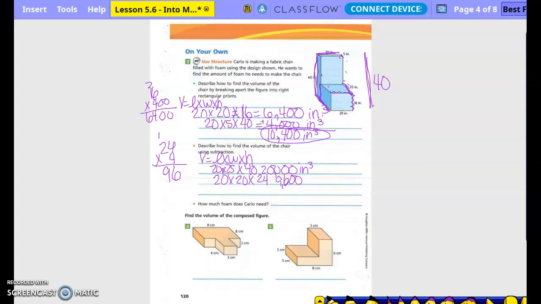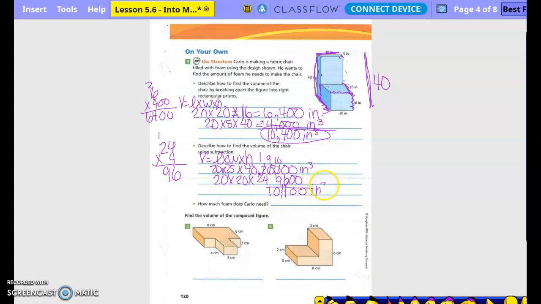We need to subtract. So 0 minus 0 is 0. 0 minus 0 is 0. This becomes a 10. This becomes a 9. And this becomes a 1. So 10 minus 6 is 4. 9 minus 9 is 0. And bring down the 1. So do we get the same thing?